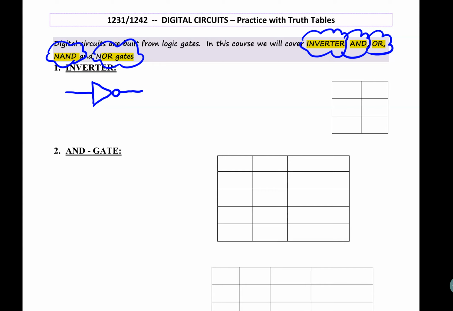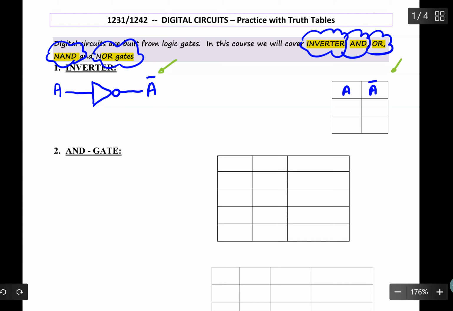I need to assign the input letter for this gate, so start with the capital letter A. Coming out from here, represented by a bar on top of the A. So, in this case, A bar is the Boolean expression of this inverter. And for the truth table, I should have A and A inverted.